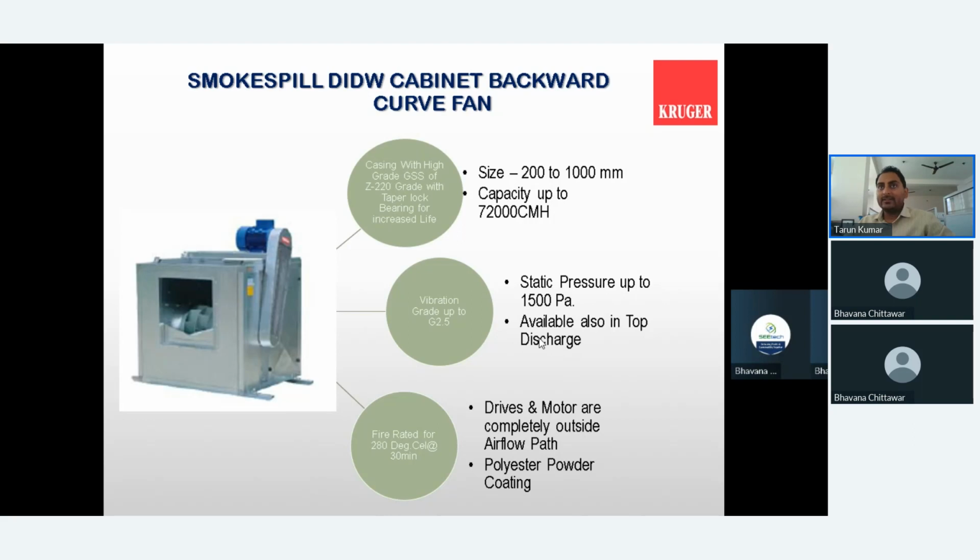In that case, there is also a fan available with DIDW, and the motor will be outside the airflow path. You can see the arrangement in the slides. Here we have kept the motor outside the airflow path, and the design is very compact, since it is a DIDW fan with suction on both sides. For that reason, the fan size comes down compared to the SISW fan.